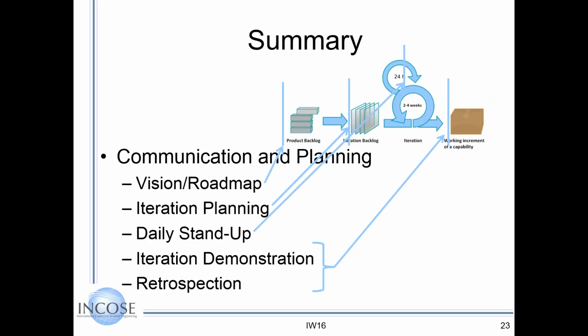Significant within Boeing, the 5 levels of planning. Communication and planning in an Agile effort: you should have the vision and roadmap up front, perform iterations every 2 to 4 weeks, and have a daily stand-up every day. At the end of your iteration, have an iteration demonstration and retro.